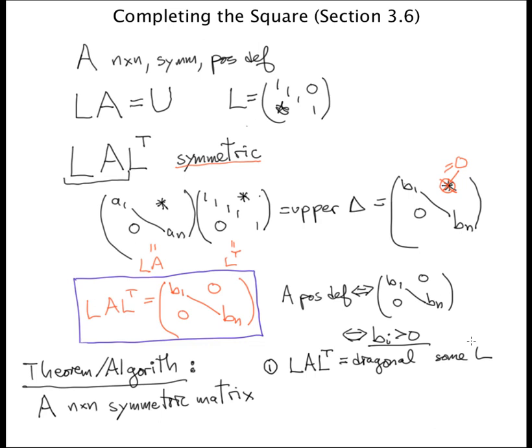L strictly lower triangular as usual, like this. And second of all, A is positive definite if and only if the diagonal entries that you get this way are all greater than 0. So that's an algorithm for testing whether an n by n matrix is positive definite or not. Apply this algorithm, make it into a diagonal matrix, and check whether all of the entries are positive.